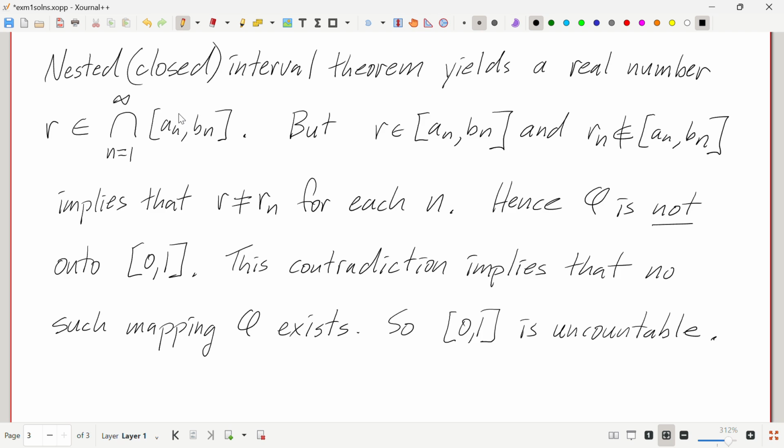I mean, if I asked you to use the nested closed interval theorem, Cantor had another proof using decimal expansion. Oh, that would be a different proof than I was asking for. If that's what you did, I'll have to think about it. Okay, that's enough of that then.